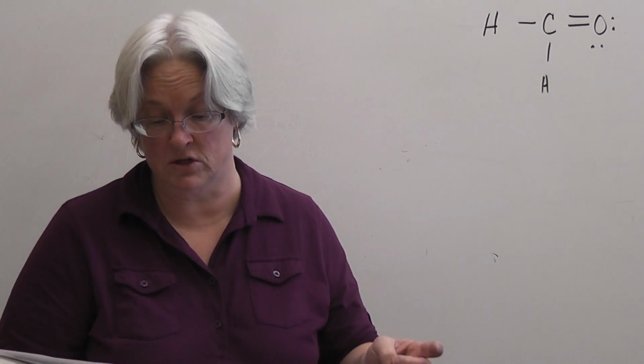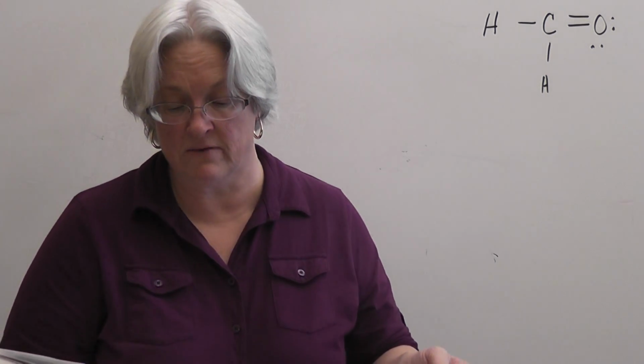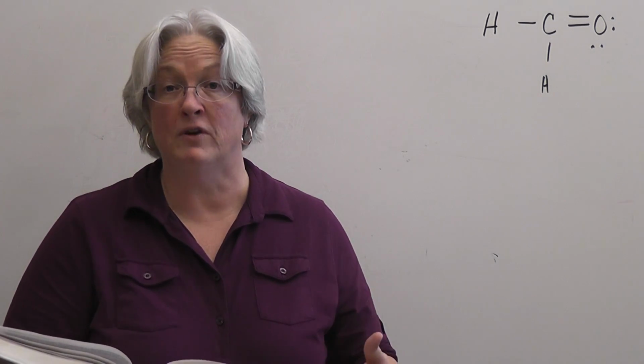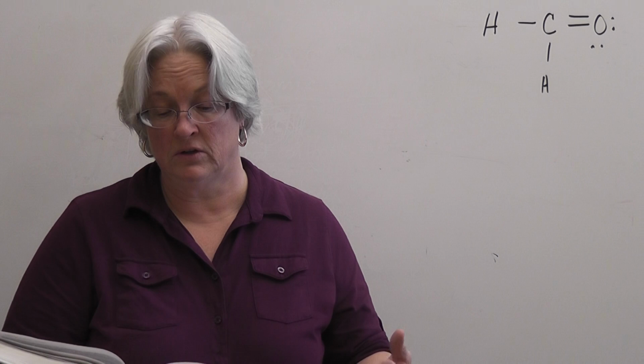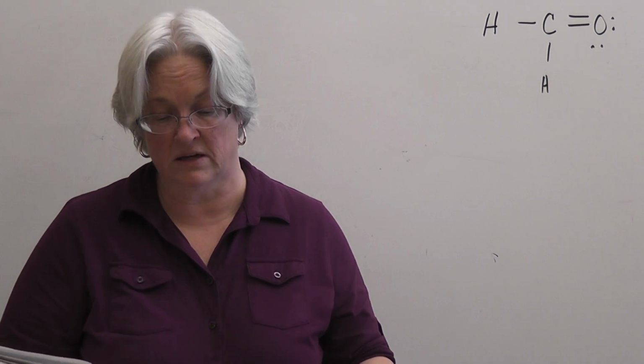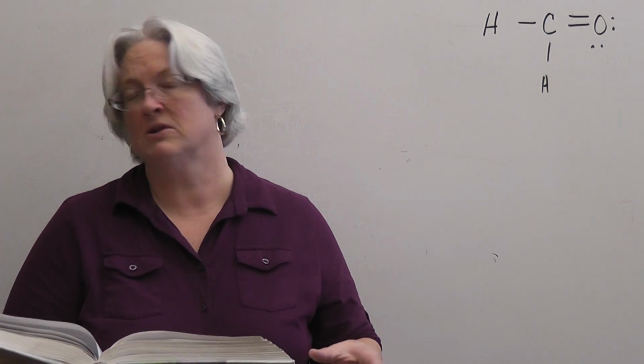There are twice as many chromiums as in chromate, but there are not twice as many oxygens as there are in chromate. So dichromate, Cr2O7, has a -2 charge. Sulfate, SO4, is -2. Sulfite, SO3, is -2. And phosphate, PO4, has a -3 charge.